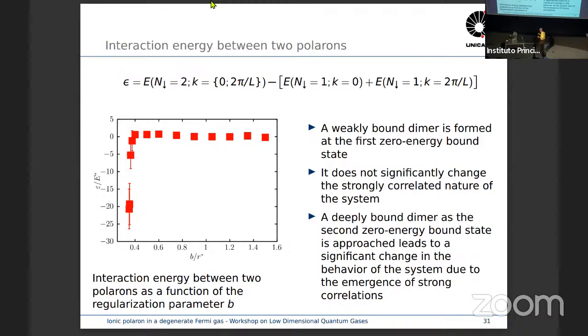And then we subtract the energy of one polaron with one ion in the k equals 0 and one ion in a state equal to 2π over L. Well, and here the explanation is about the same. Here we see that when we reach the first resonance, nothing much special happens. As the potential gets deep, then this interaction becomes much stronger.